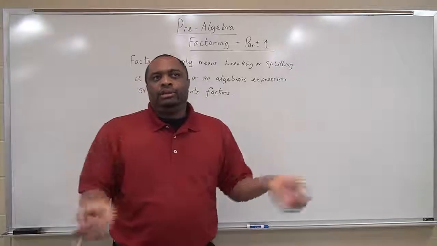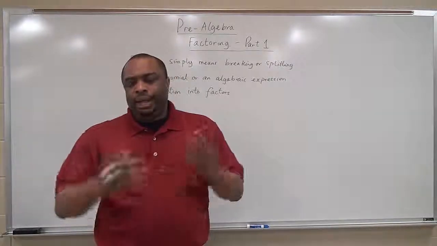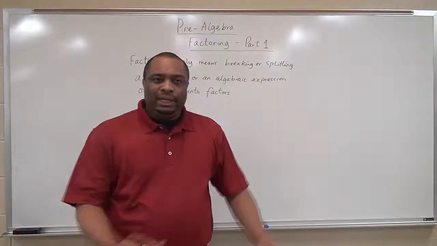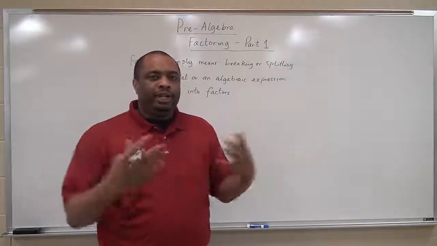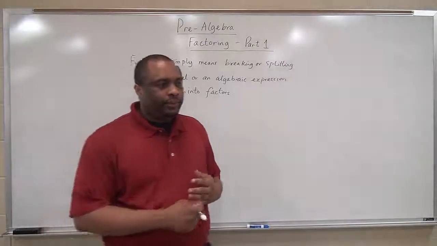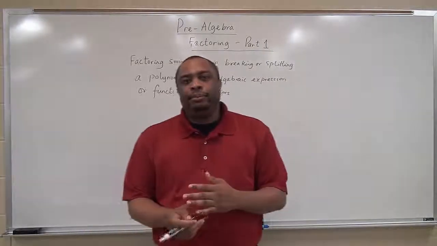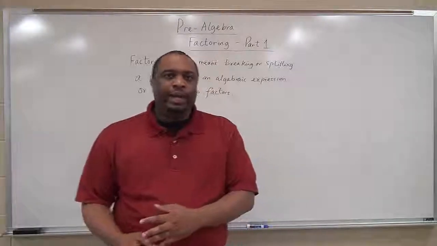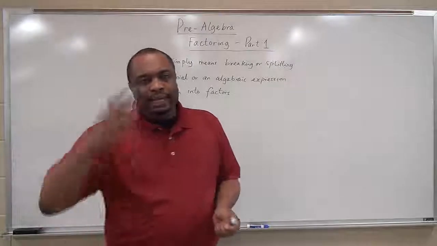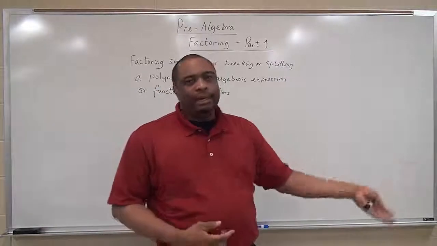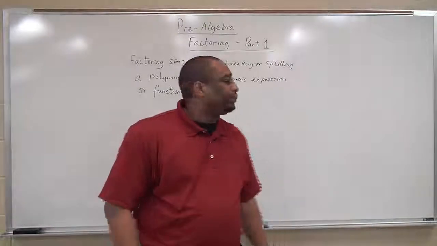Now, when we did a multiplication of polynomials, if we did a monomial times a binomial, that gives us a binomial. But when we split up that binomial, we can still get back a monomial and a binomial.